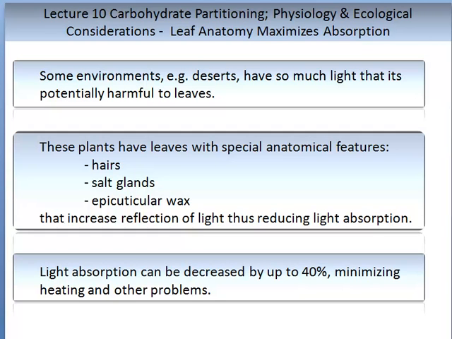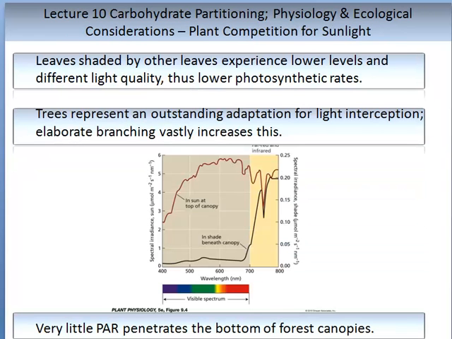Some of these environments are found often here in Australia, and an adaptation of the native Australian plants to the high light environment is very common. In many habitats, a lack of light is a problem. Leaves can shade each other, and the leaves at the lower levels experience different light quality, and thus they have lower photosynthetic rate.